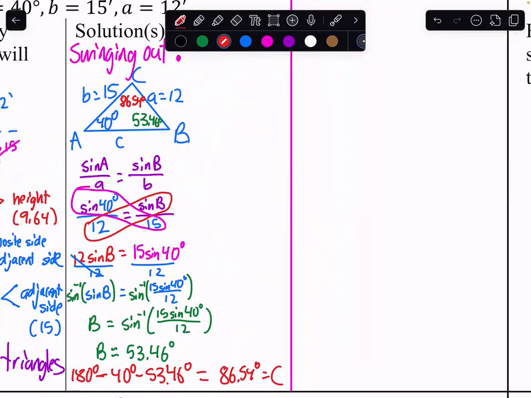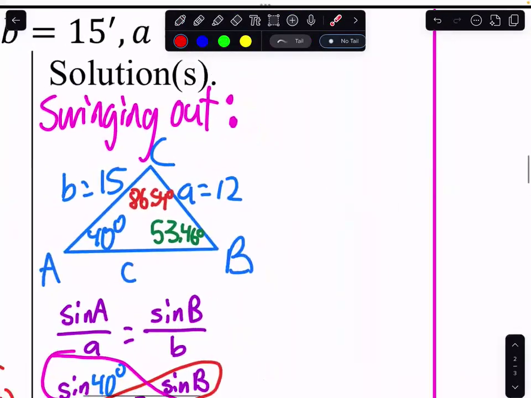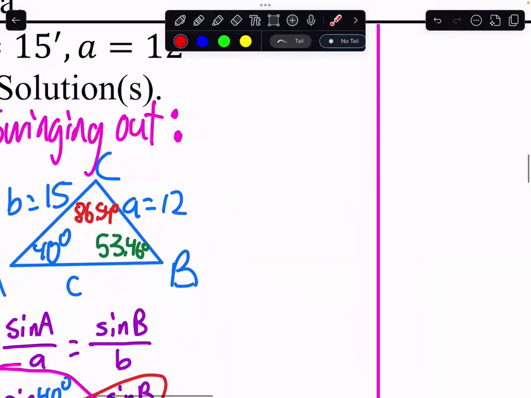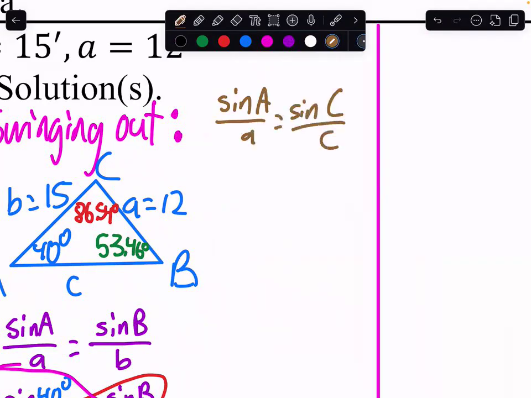Okay, so we still need to find lowercase c. So we compare the C's with either the A's or the B's. The A's would be better because both of those are whole numbers. Angle B was a rounded number. So now we'll use the part of the law of sines that states that sine of A over a equals sine of C over c.